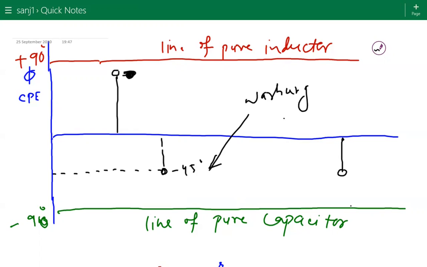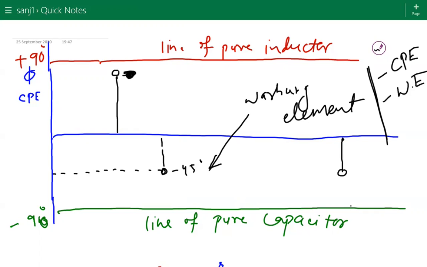Warburg element. So in the literature you will find that you have two circuit elements. The first one is the constant phase element and the second one is the Warburg element.